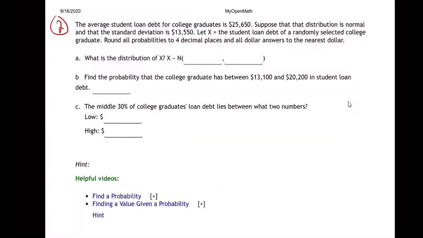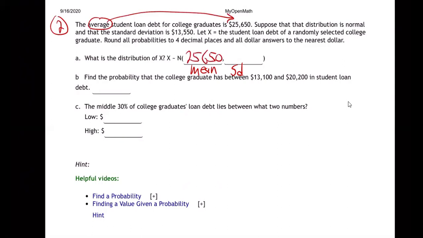Okay, so the first thing we do is, remember, they just want us to put in the mean and the standard deviation. So what's the mean? That's the average. Average or mean, same thing. So that's going to be 25,650.